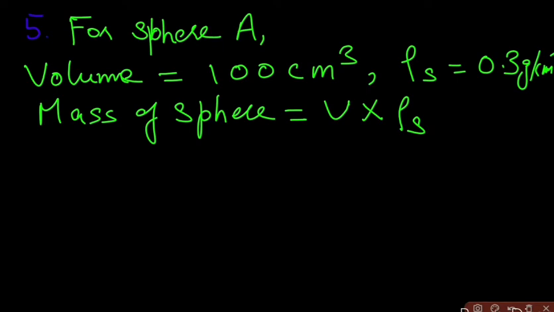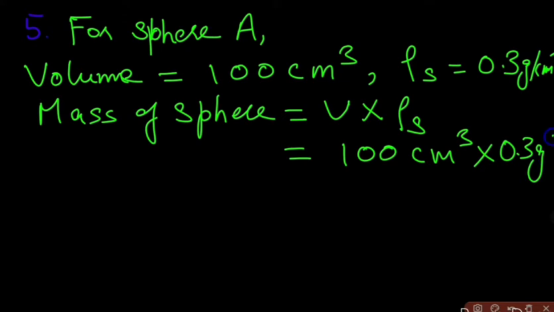Now multiplying these two values we shall get 100 centimeter cube multiplied by 0.3 gram per centimeter cube. The centimeter cube and the centimeter cube get cancelled, this decimal is removed, I shall get a 10 here, 0 and 0 get cancelled.